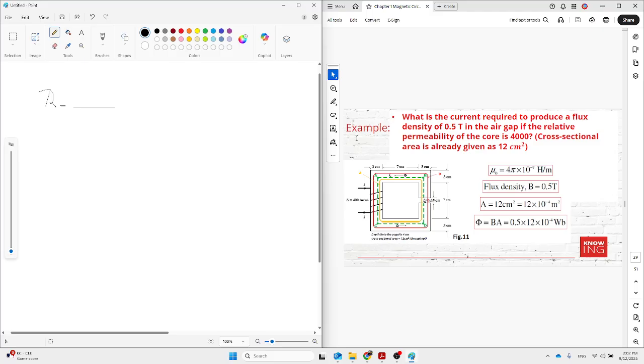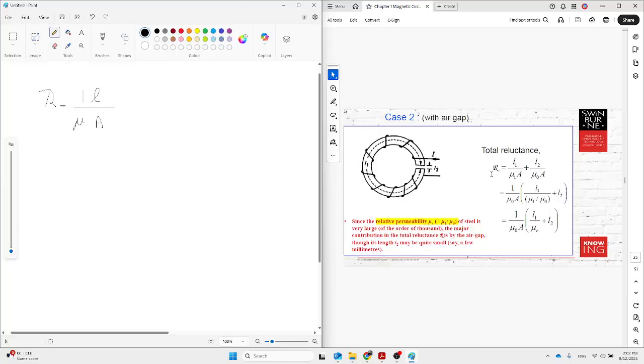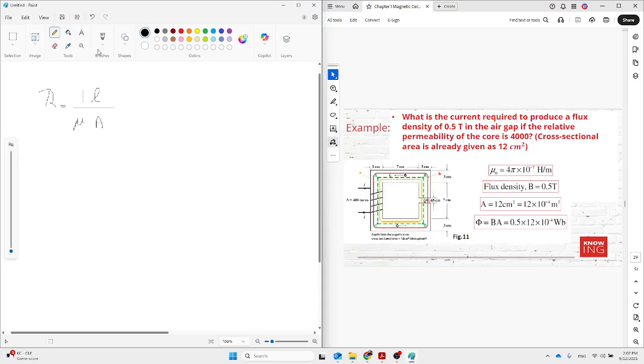It's 1 over mu, where mu is mu 0 times mu r, times L, whether LC or LG or whatever L, over A, correct? We can check it here, which is correct. Even the 1 here we can ignore, which is not very important, of course.